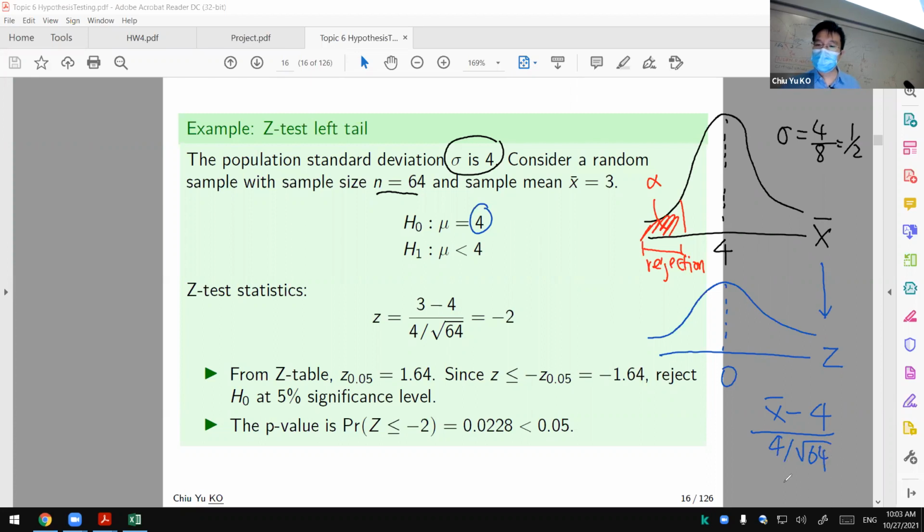And the sample mean we have is 3. So we need to decide whether 3 is in the red rejection region or not.